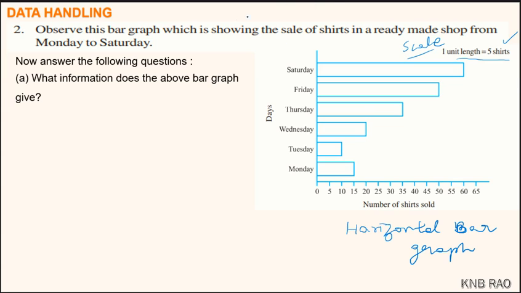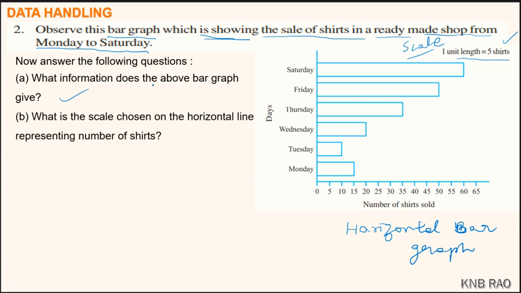See children, very simple, in the question itself it says the bar graph is showing the sale of shirts in a ready-made shop from Monday to Saturday. That is what it is showing. So, you can write the same by picking the same sentence from the question. Next, what is the scale chosen? Scale chosen here is 1 unit equals 5 shirts.